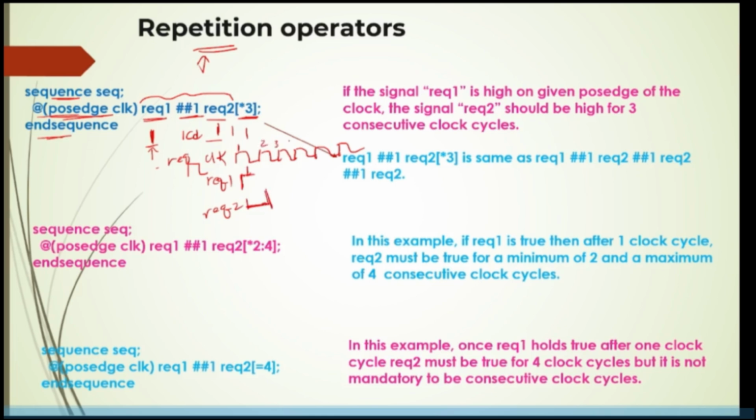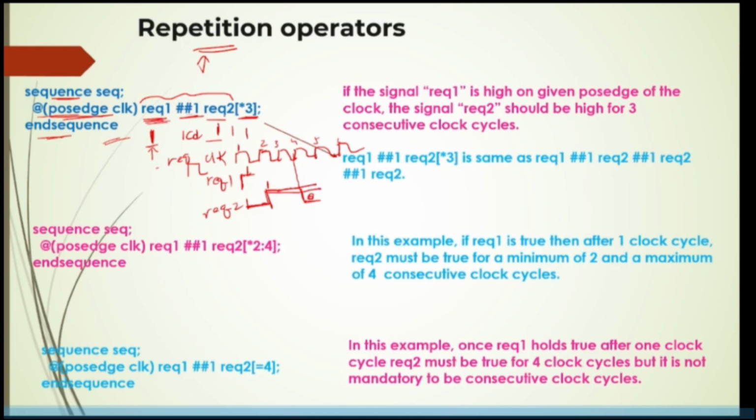This is the second, third, fourth, fifth, sixth clock cycle, for every positive clock, right? So for the next positive clock, request 2 should be high, and again for the second clock cycle also, and for the third clock cycle also it should be high. If for two clock cycles it is high, and for the next clock cycle it is low, then the assertion fails. That means it should be continuously high for the next three consecutive clock cycles. So that is what is meant by this particular logic.